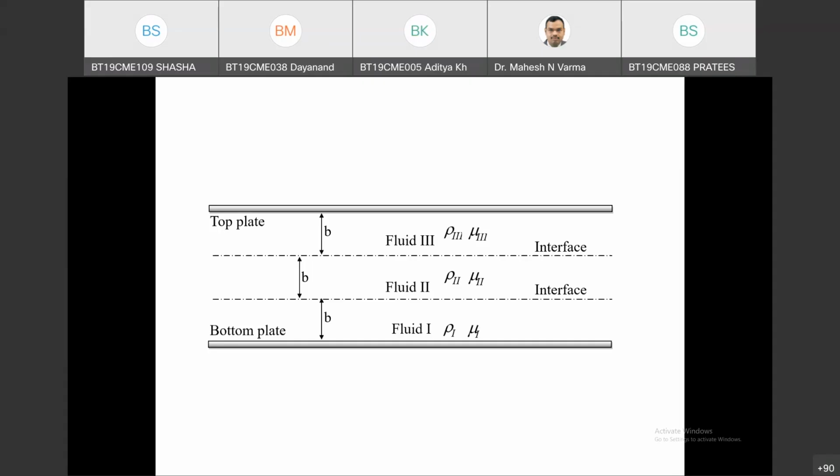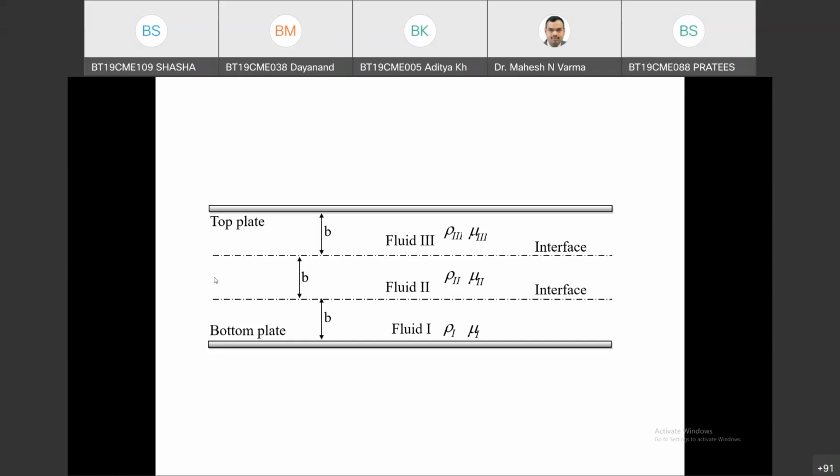Where do you want to take the origin? In the middle of the bottom and top plate. Yes, no problem. You can take the middle, anywhere you can take, but it is symmetric around the middle.